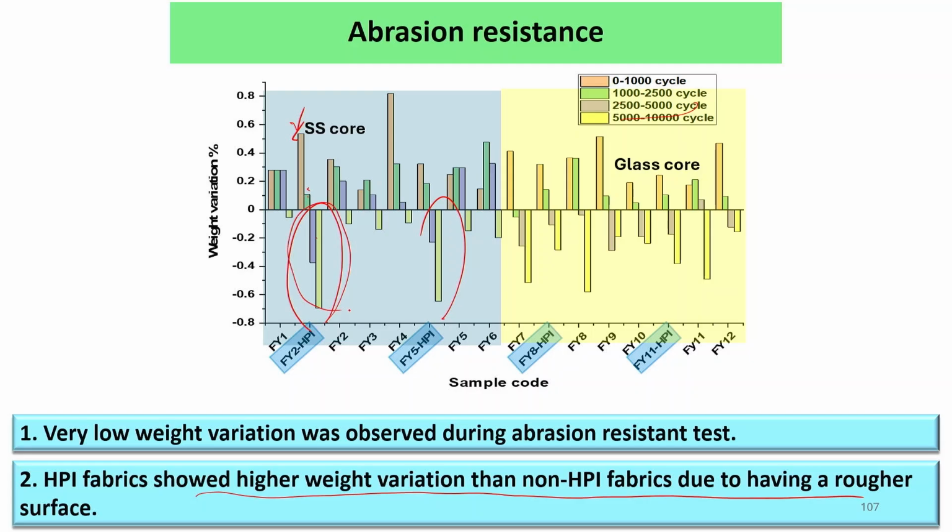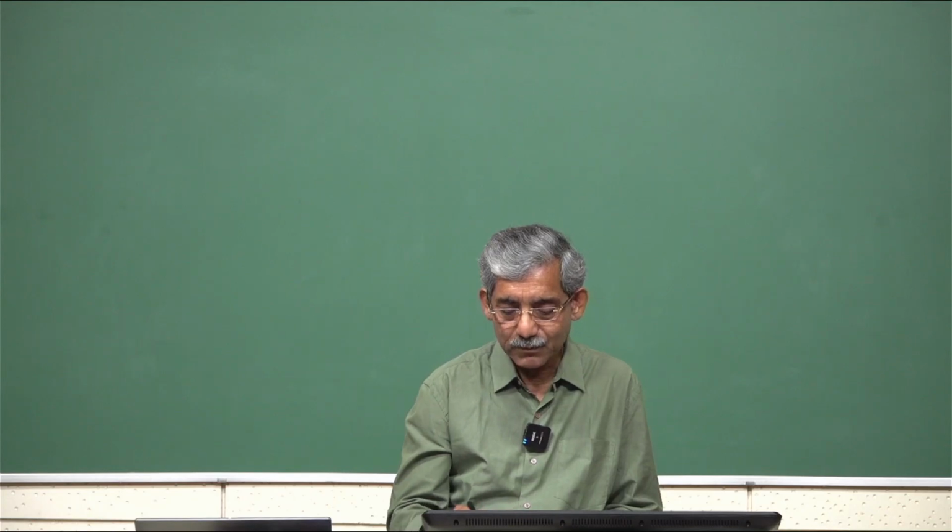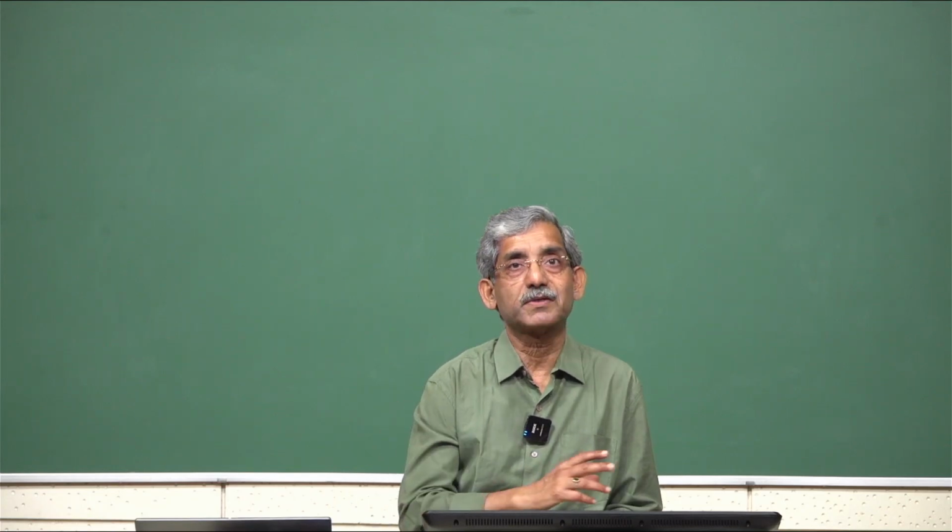That means it is actually damaging the abradant fabric. So, that means the standard fabric was damaged, it is gaining the weight. So, the weight variation is there because it is damaging due to the hard particle present, due to the rough surface.